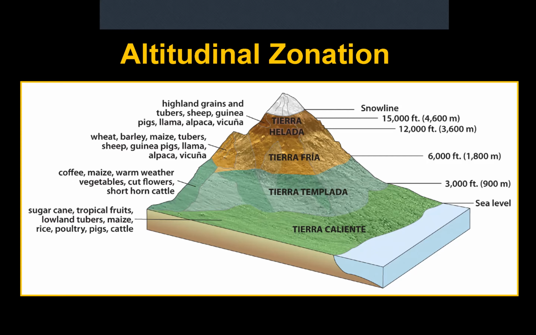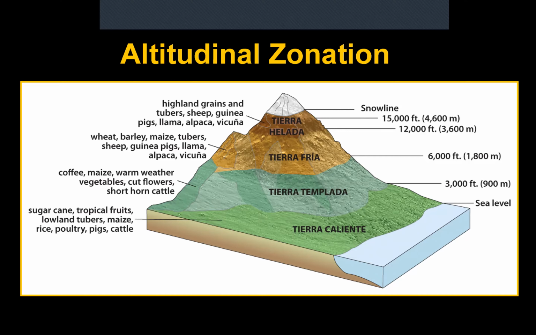And then as you get a little bit higher, from 6,000 feet up to 12,000 feet, depending on where you are, is the Tierra Fria, the cold land. And here you can grow things like wheat and barley and tubers, with a lot more sheep, guinea pigs, of course, llamas, alpaca, etc. And then you get even higher, from 12,000 feet up. That's the Tierra Helada, the frozen lands. There you can grow things like quinoa, and raise alpaca, llamas, things like that.